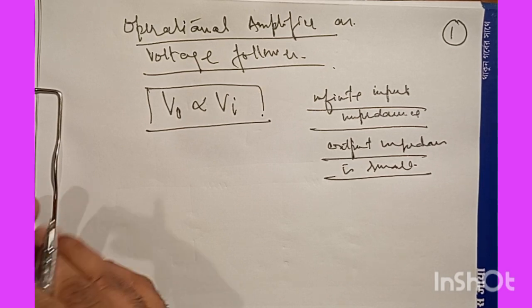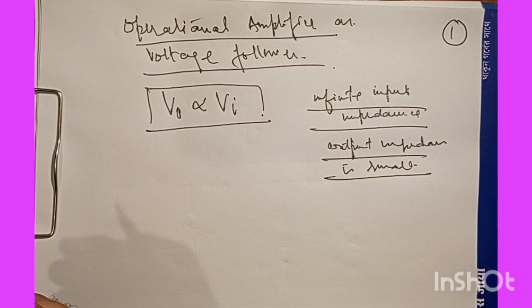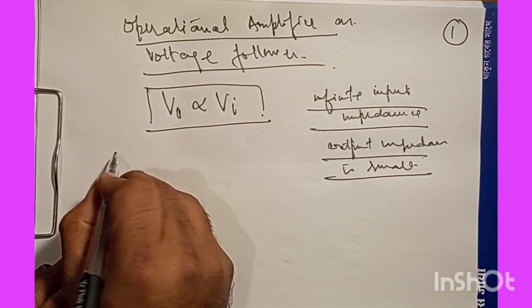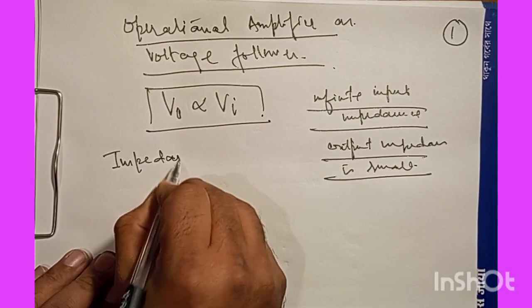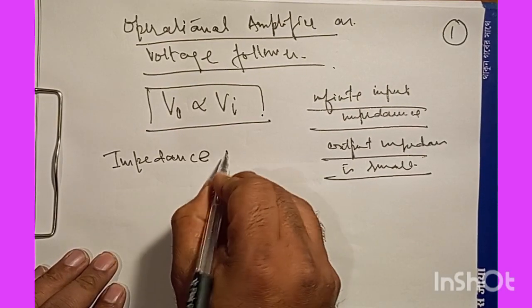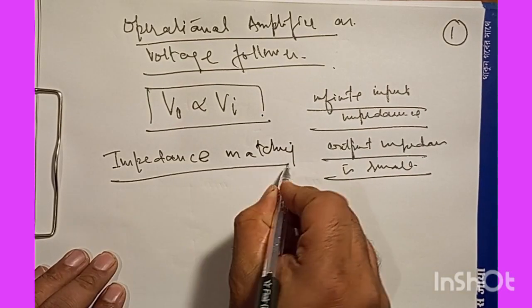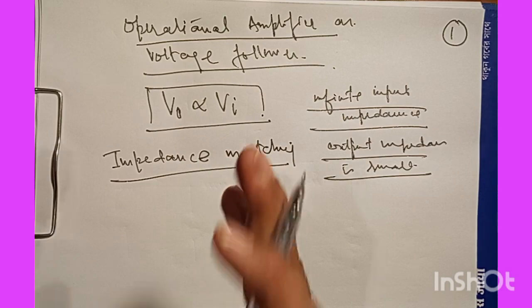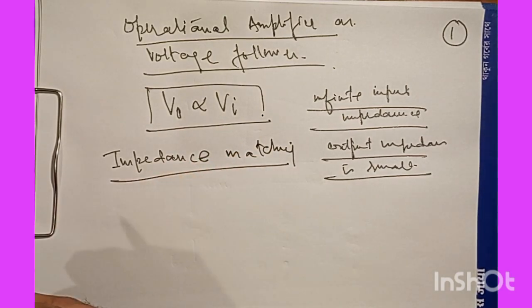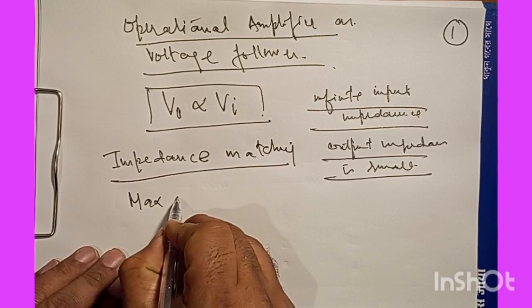So this kind of arrangement is very useful in impedance matching, and this impedance matching is exploited by electrical engineers in order to have the impedance matching in such a way that there is a maximum power transfer.